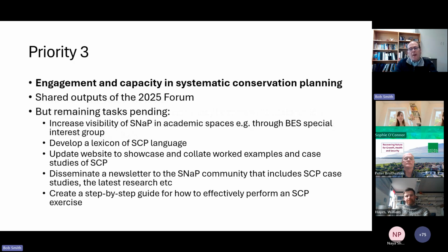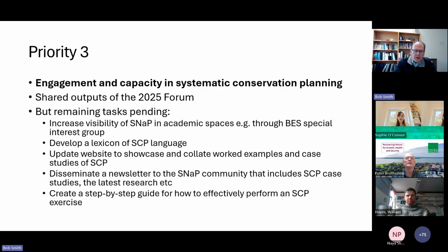The third one was engagement and capacity in systematic conservation planning. We've shared the outputs, but on the DICE side, we've got an amazing team, but we're at capacity.